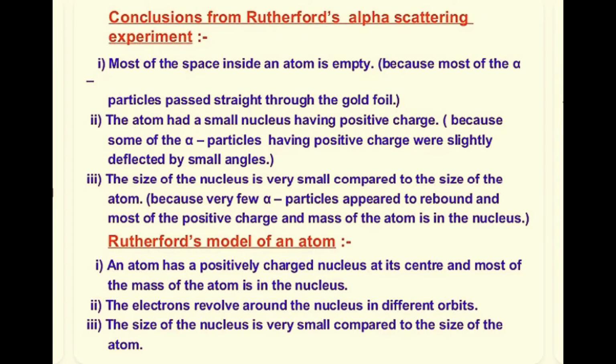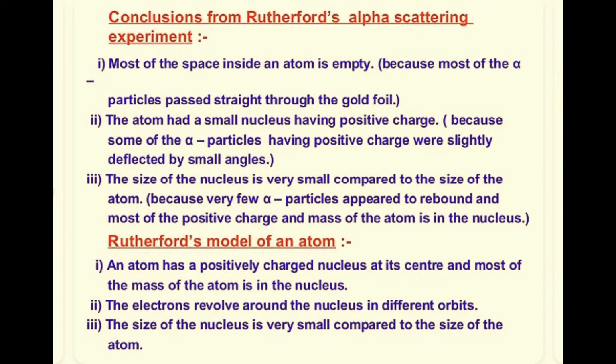Conclusions of Rutherford's alpha scattering experiment. Most of the space inside an atom is empty, because most of the alpha particles pass straight through the gold foil. The atom has a small positively charged nucleus, because some of the alpha particles, which are positively charged, were deflected by small angles.